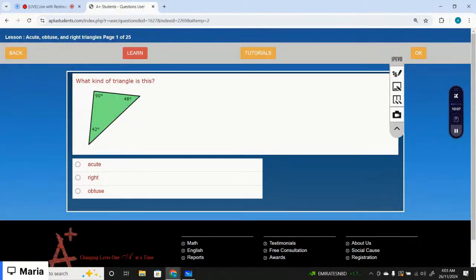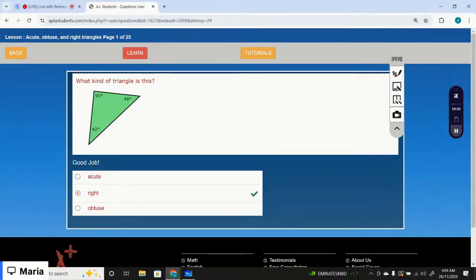So which is the correct option? Right angle triangle. One of the angles measures exactly 90, so that is a right angle triangle.